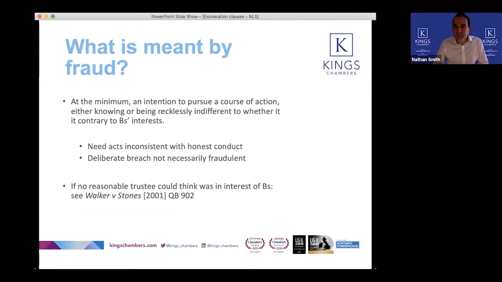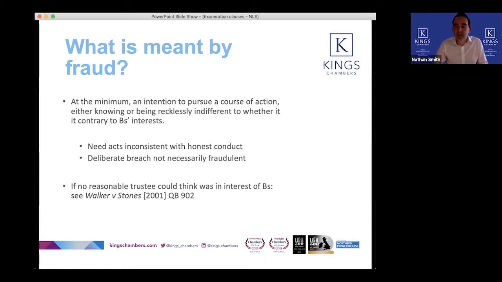Well, at the minimum, what's meant by fraud is an intention on the part of the trustee to pursue a particular course of action, either knowing it's contrary to the interests of the beneficiaries or being recklessly indifferent as to whether it is contrary to their interests or not. And as Lord Justice Millett said in the Armitage case, it's the duty of a trustee to manage the trust property and to deal with it in the interests of the beneficiaries.